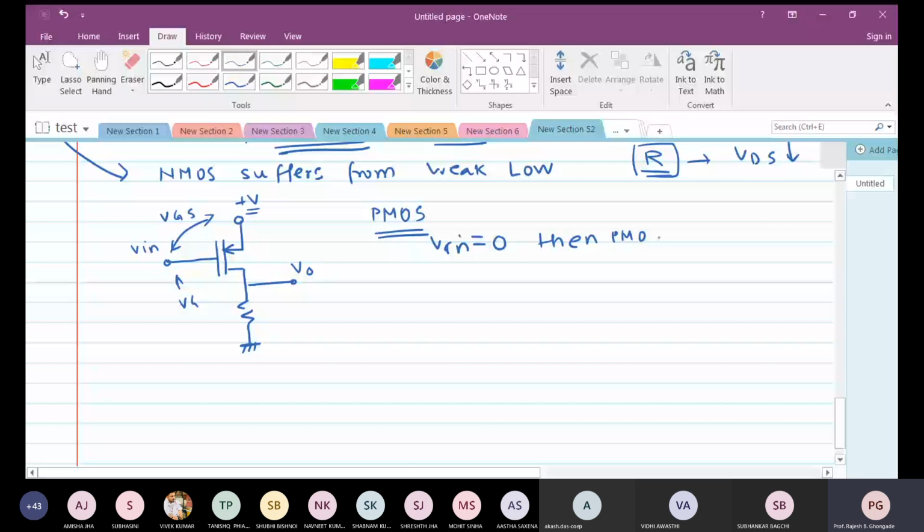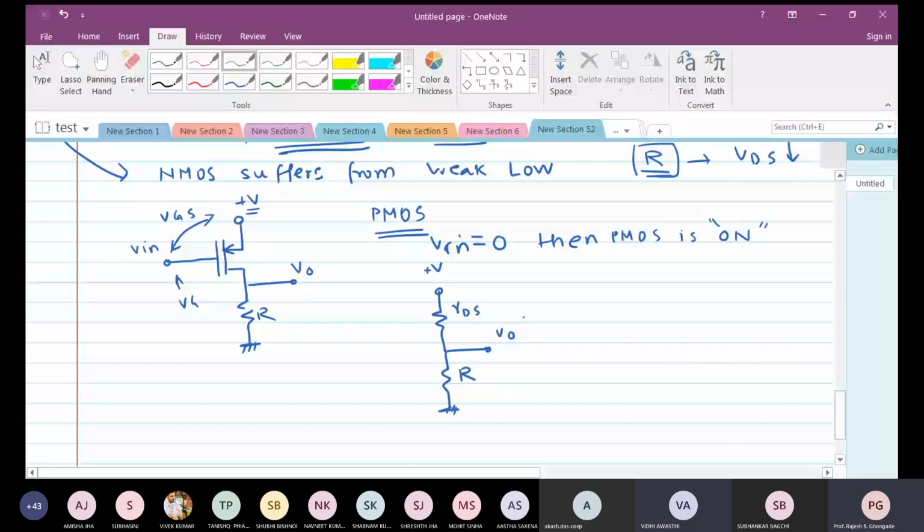Now if you replace this with the equivalent, this is going to be R. What is the value of this now? This will be RDS.